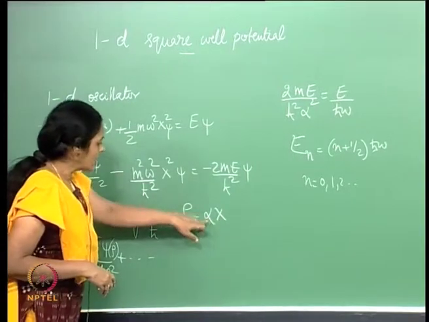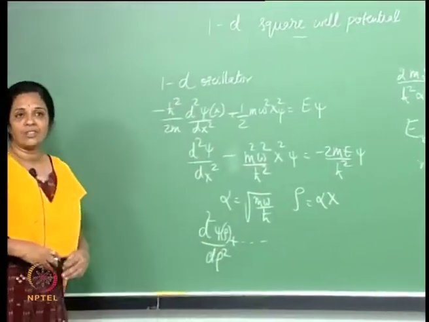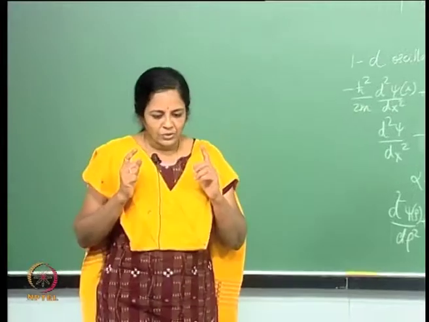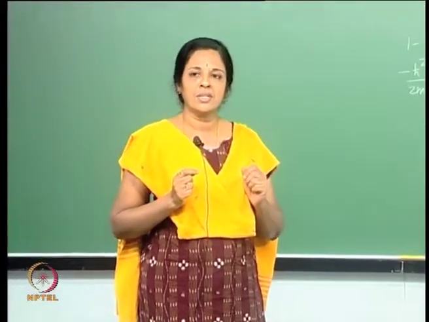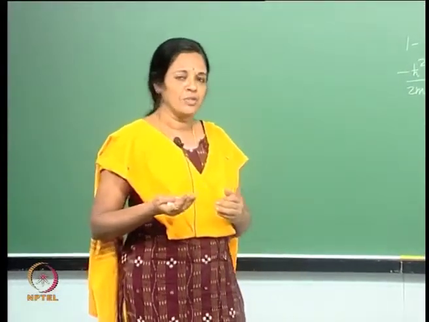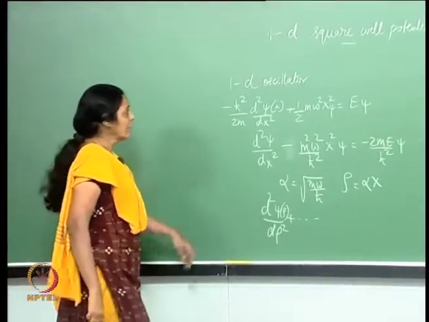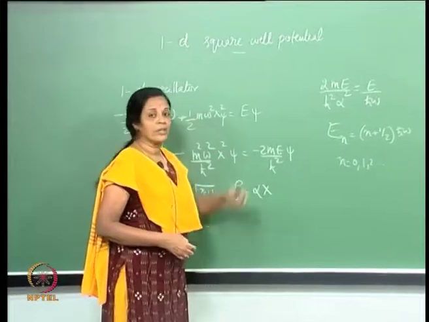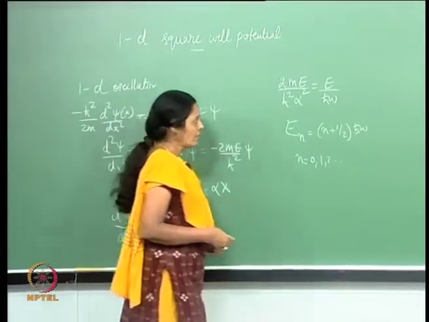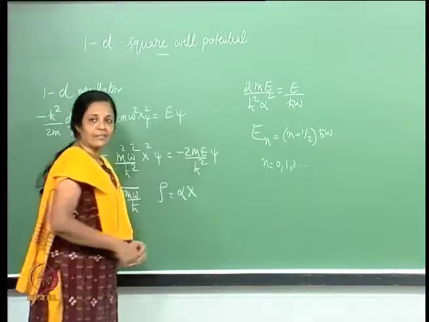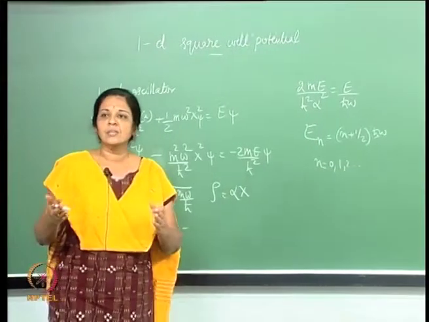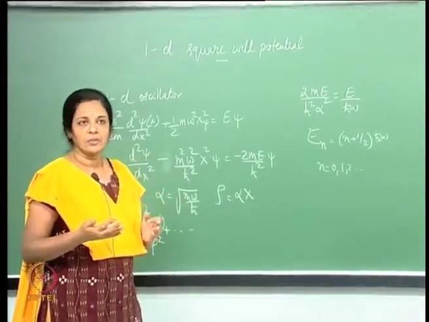Rho is alpha x, and that object does not have dimensions. Now this is a matter to be remembered in all problems that we will solve. And therefore, with this recap, I will move on to the one-dimensional square well potential. Use some of the tricks that I have learned here, and you will see the similarities in solving problems of this kind.